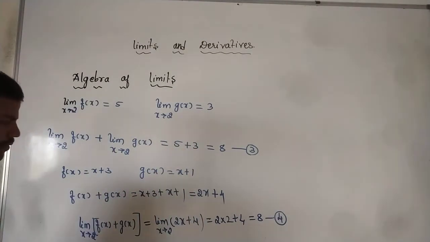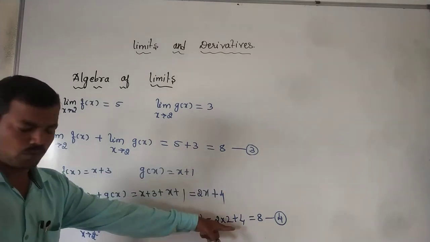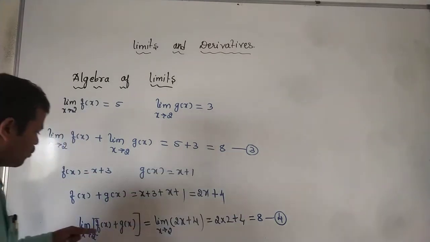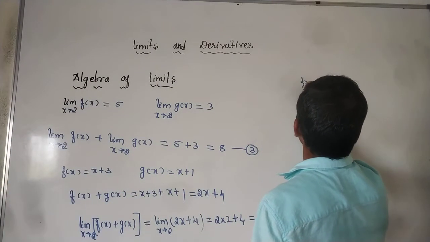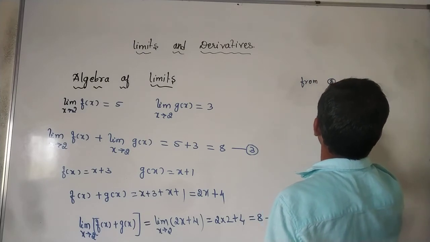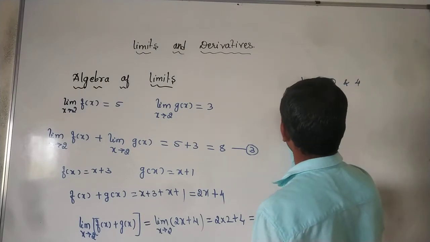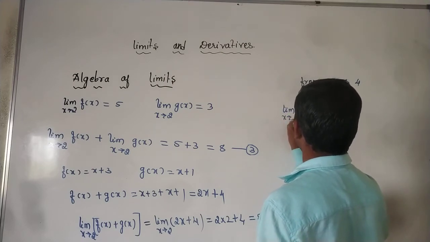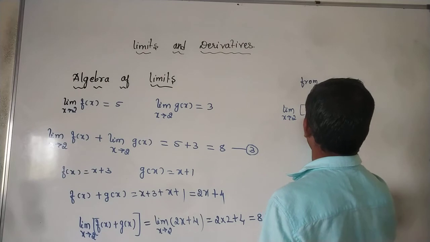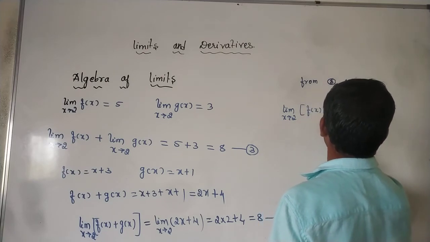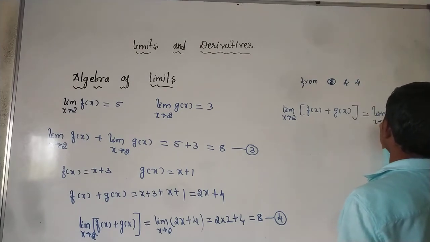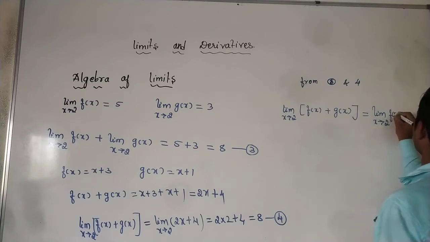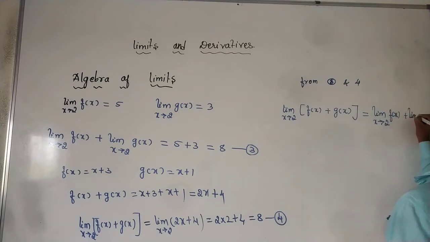From 3 and 4 we can see that both are equal. This one is 8 and that one is 8, so the RHS and LHS are automatically equal. So from 3 and 4 we come to know that limit as x tends to 2 of f of x plus g of x is equal to limit as x tends to 2 of f of x plus limit as x tends to 2 of g of x.